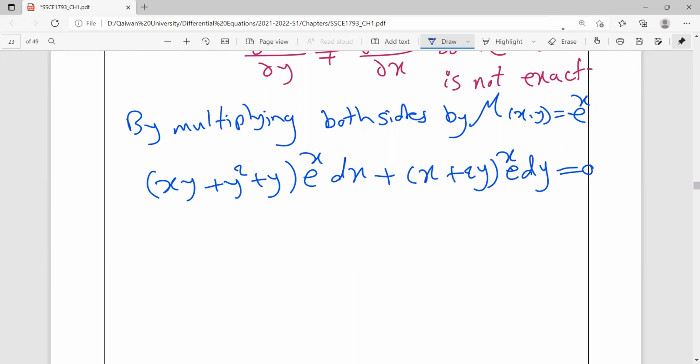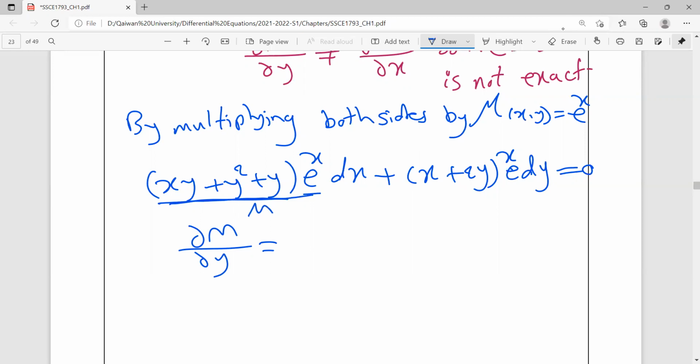If they are not equal, that means we cannot solve this differential equation by exact. But if they are equal, we can just follow the steps of solving an exact differential equation. Here, it's easier to find like this. Partial m by partial y equals, this is m.